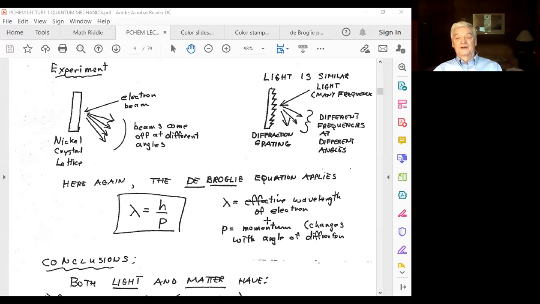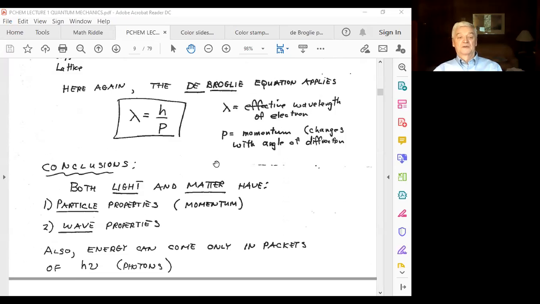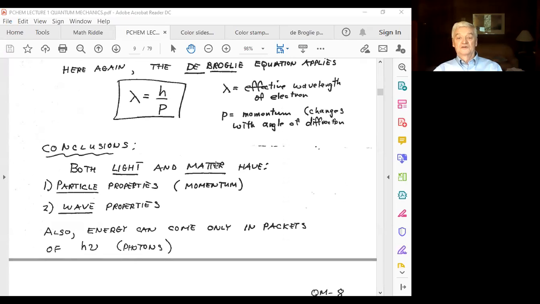I'm calling that an effective wavelength, and that's going to determine the angle that you come off with in the experiment. Again, we won't go into great detail on this, but the important conclusion from this experiment and the other one is that both light and matter have particle properties, and they both have wave properties.